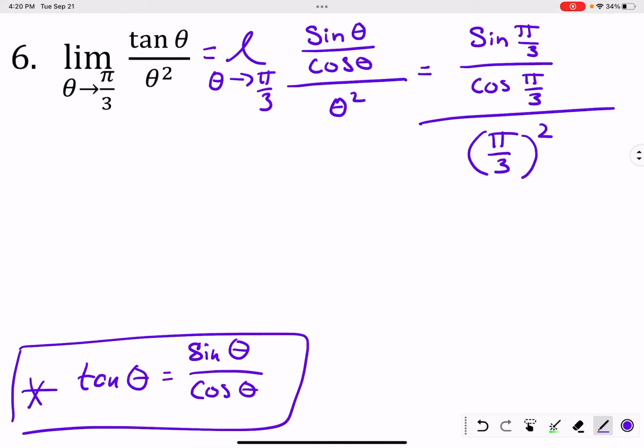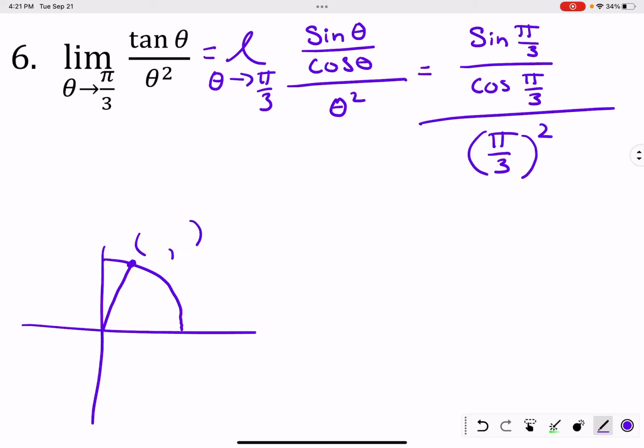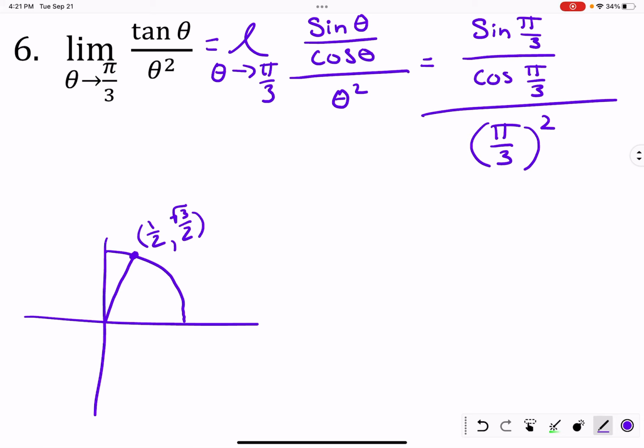I'm over here at pi over 3. That's going to be this part of the unit circle. The values here are going to be 1/2 for cosine, or the x value, and the y value, or the sine, is going to be the square root of 3 over 2. Now I'm going to start to replace some things.